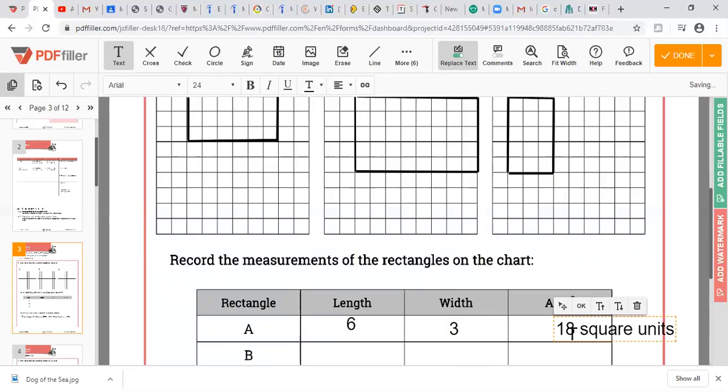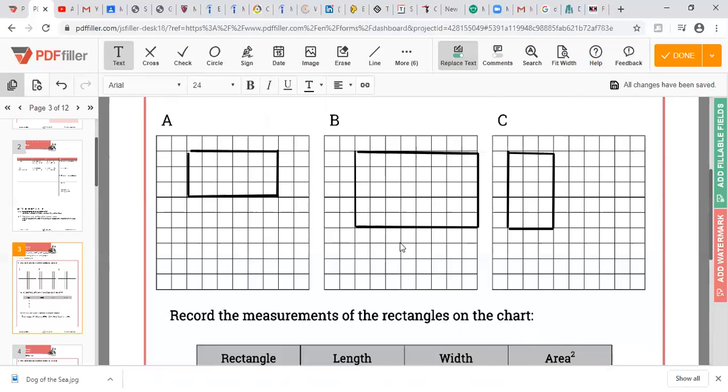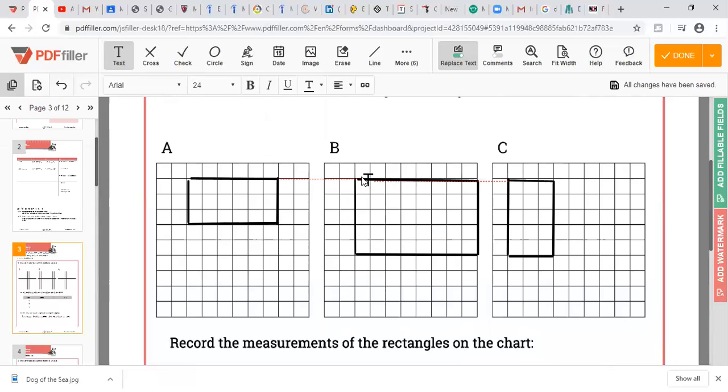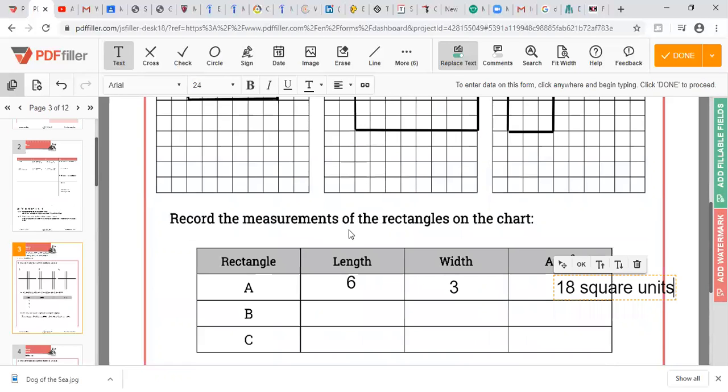Okay, 18 square units. Now let's look at our rectangle B. The length for rectangle B, the longest part, think about long length. That's one way to remember. Let's count. 1, 2, 3, 4, 5, 6, 7, 8. My length is 8.